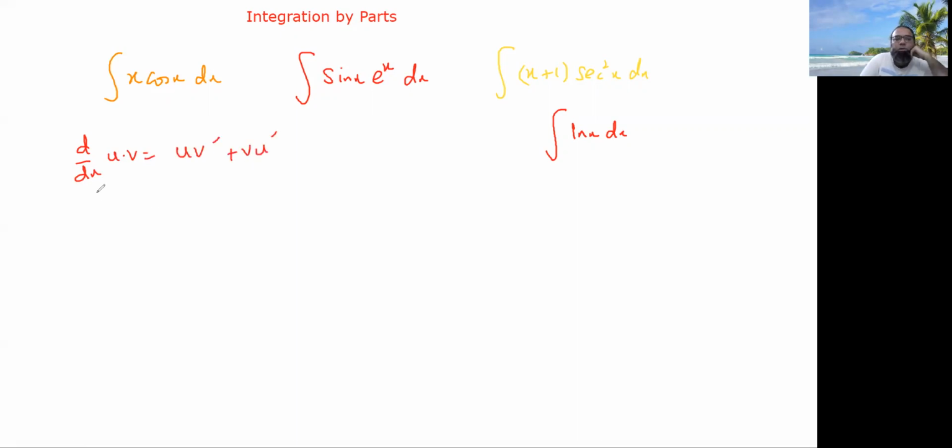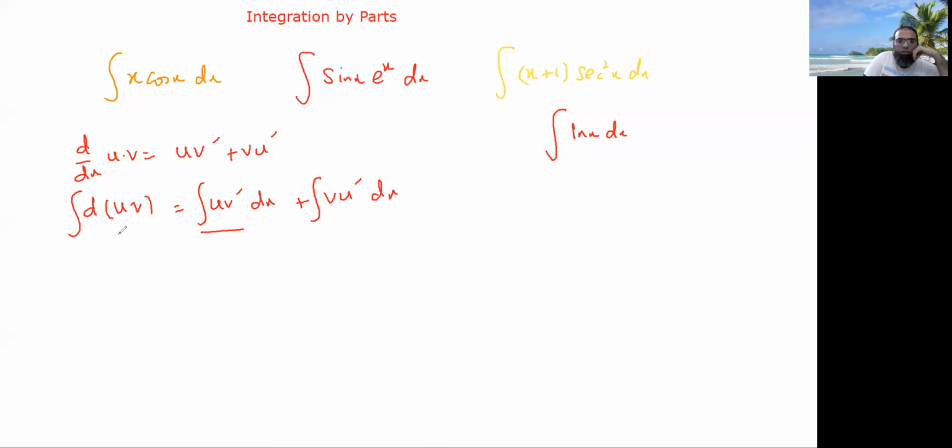So when I cross multiply this, this becomes d of u dot v, that is u v dash dx plus v u dash dx. So we integrate both the sides like this, okay? I'll keep just one of them over here and move the other to the other side. We normally keep this one to this side, okay?